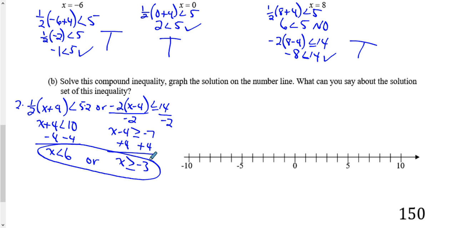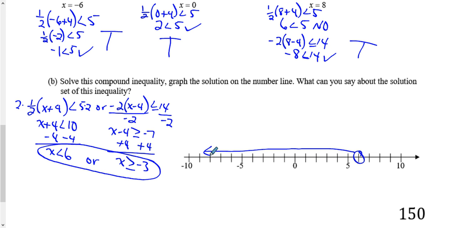Well, let's graph this. Okay, what kind of circles where? Open circle on 6, arrow going to the left. Closed circle on -3.